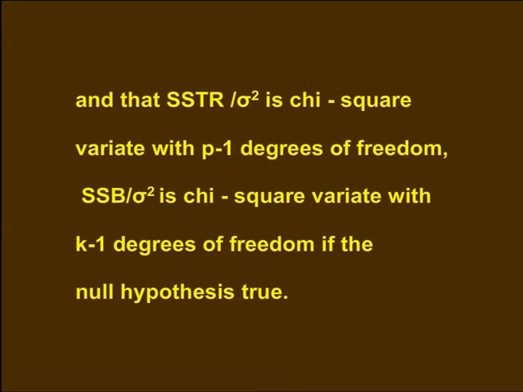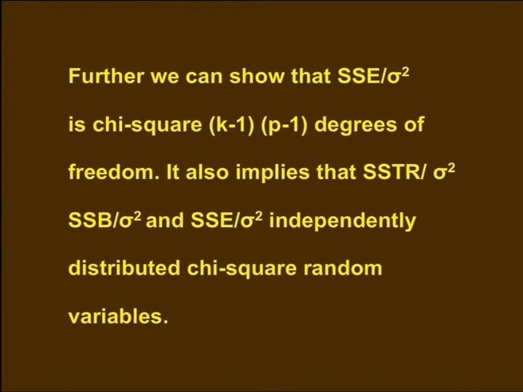Similarly, block sum of squares by sigma square is a chi square variate with k minus 1 degrees of freedom if the null hypothesis is true. Further, we can show that error sum of squares by sigma square is also chi square with (k minus 1) into (p minus 1) degrees of freedom.